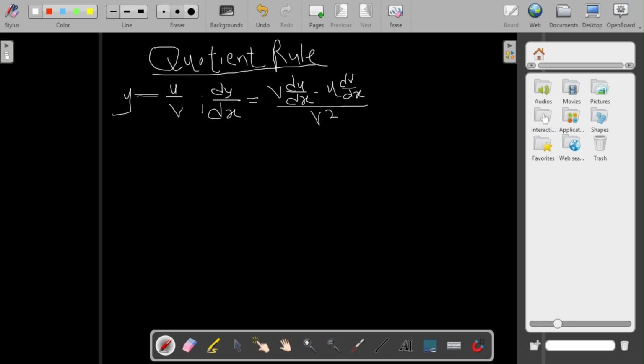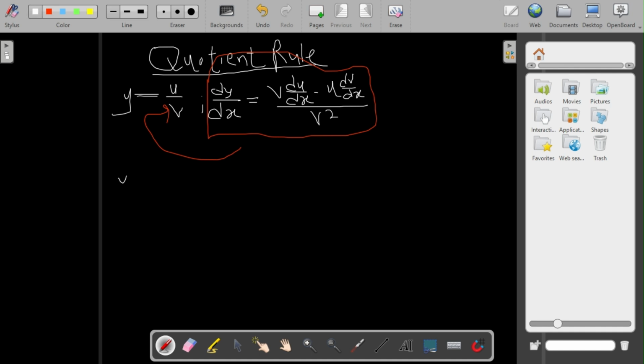If I have this, then it shows that I can use this formula to solve multiple questions. But don't forget that this came from y equals u over v. So let's take examples.